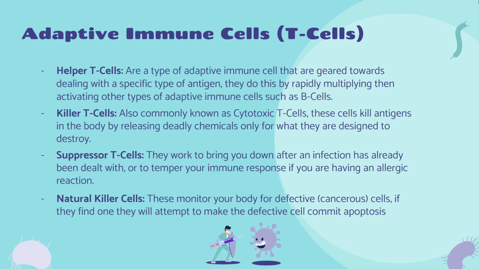Some of the cells that the helper T cell will activate are killer T cells, also known as cytotoxic T cells. These cells will kill antigens in the body by releasing deadly chemicals, only for what they're designed to destroy though. This is how they differ from neutrophils, which also release cytotoxic chemicals.